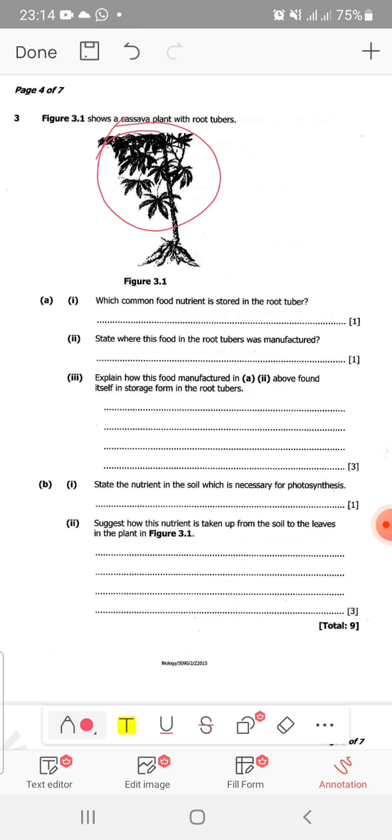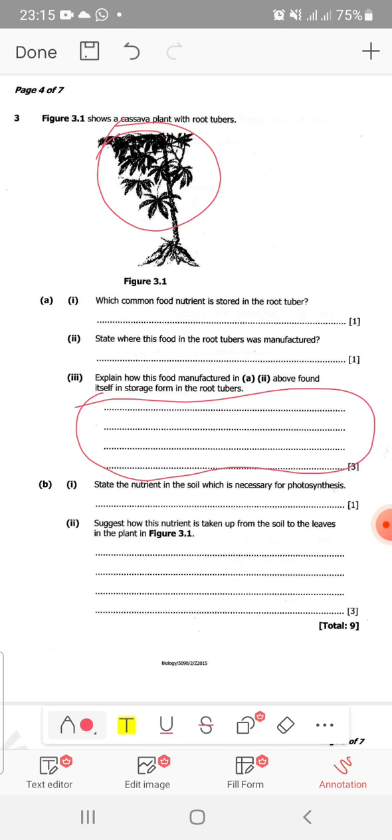It was manufactured in the green leaves of the cassava. Explain how this food manufactured in A2 above found itself in storage form in the root tubers. So during the process of photosynthesis, the food produced is glucose, which is a soluble material.